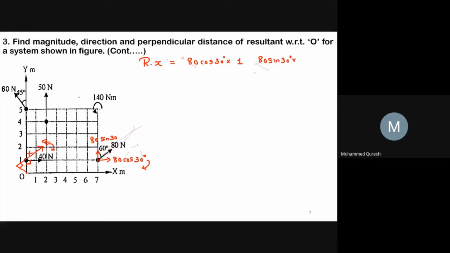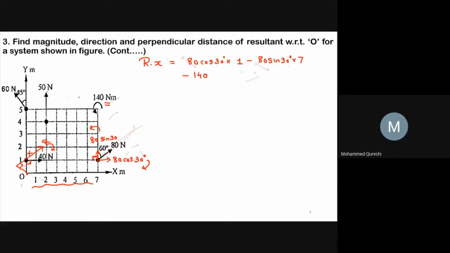This 80 sin 30 makes a perpendicular distance with respect to point O, and your total distance will be 7. So into 7, and this will move towards point O in the anti-clockwise direction, hence it will be negative. Next, the 140 Newton meter moment is given in the anti-clockwise direction, hence this will be minus 140.